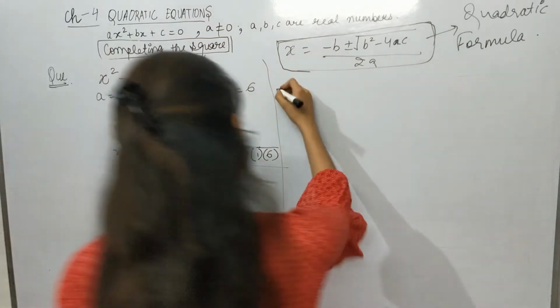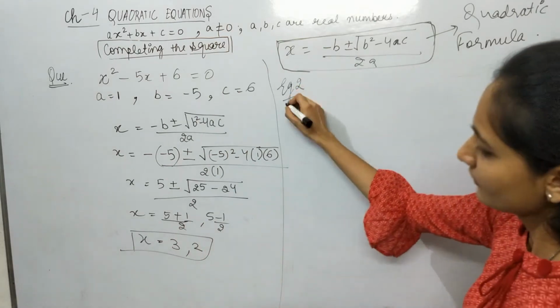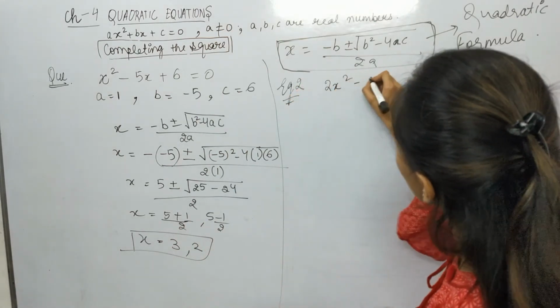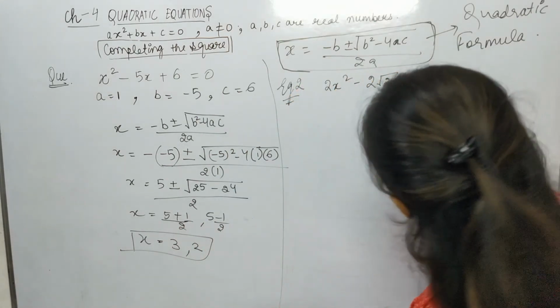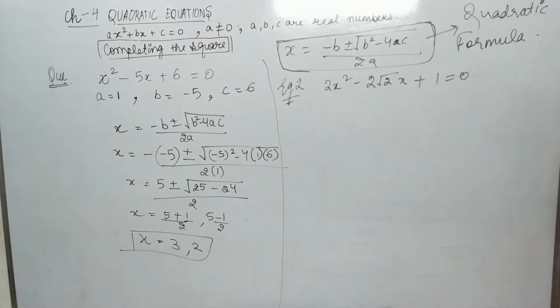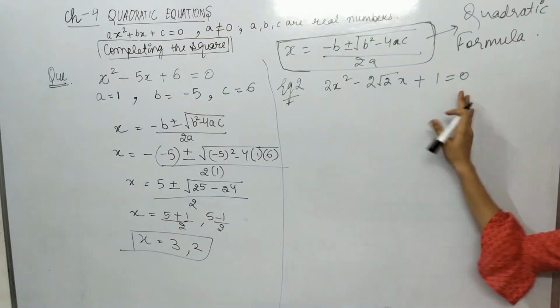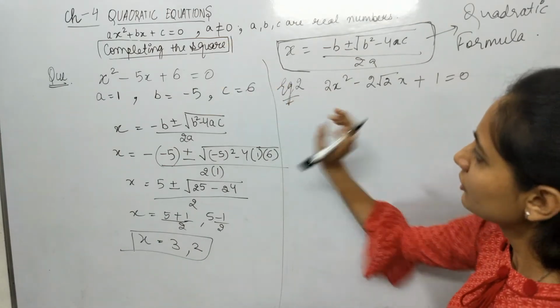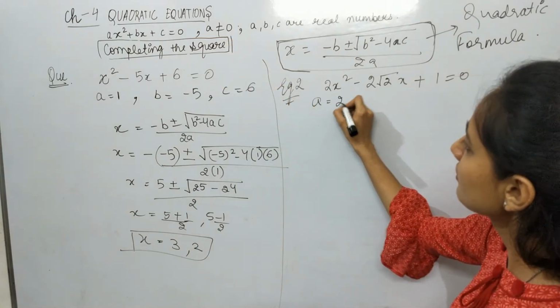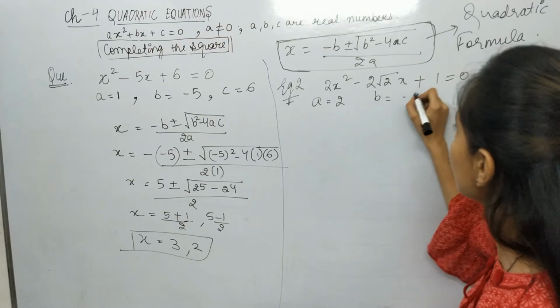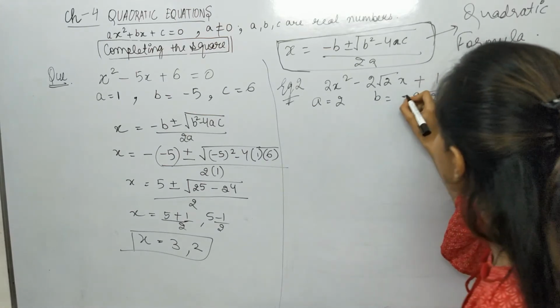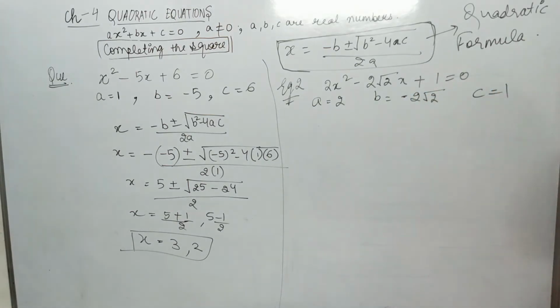And let us take another example. 2x square minus 2 root 2x plus 1 is equal to 0. Okay. Now comparing it with general form, a is 2, b is minus 2 root 2 and c is 1.